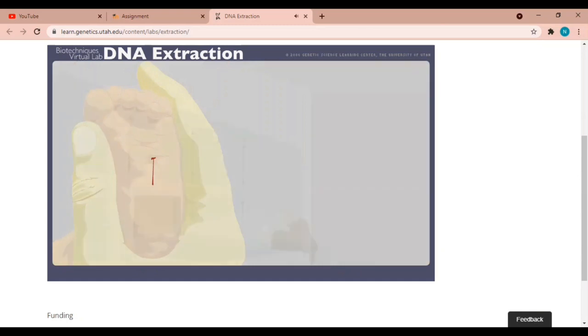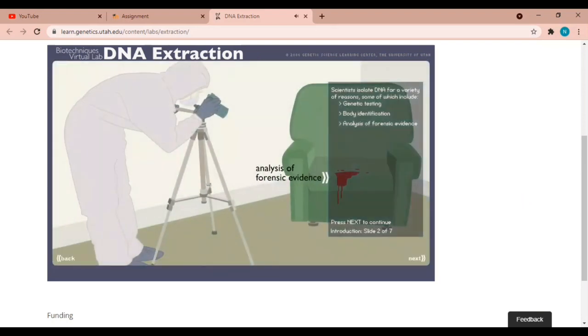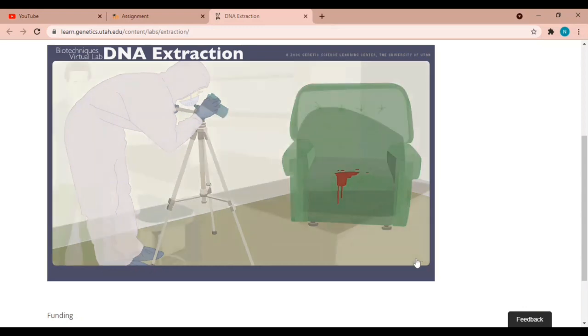Scientists isolate DNA for a variety of reasons, some of which include first, genetic testing, second, body identification, and lastly, analysis of forensic evidence. Press next to continue.